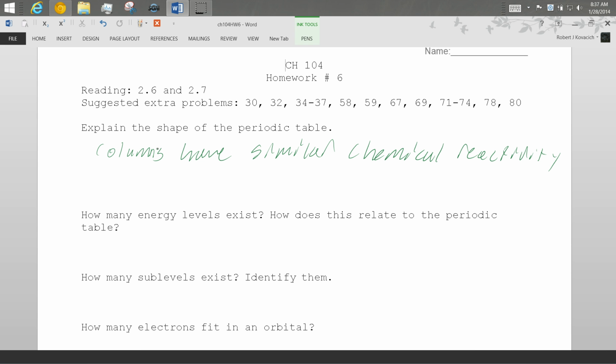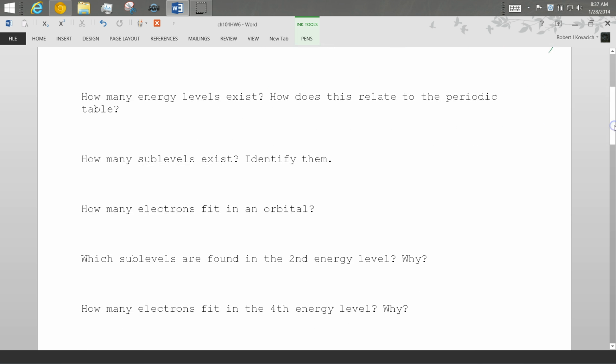Okay, how many energy levels exist, and how do they relate to the table? 7, and 7 rows on the table. Okay, how many sublevels exist? 7. And so S, P, D, F, G, H, and I. And which ones do we not really need?